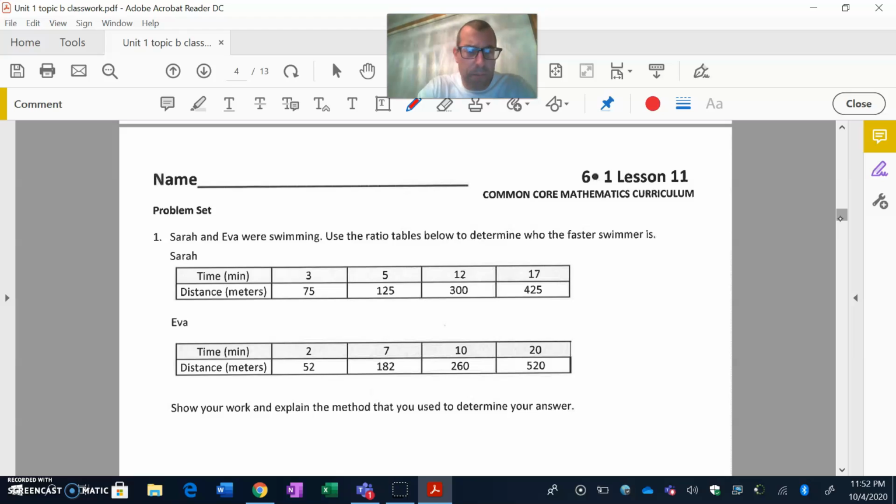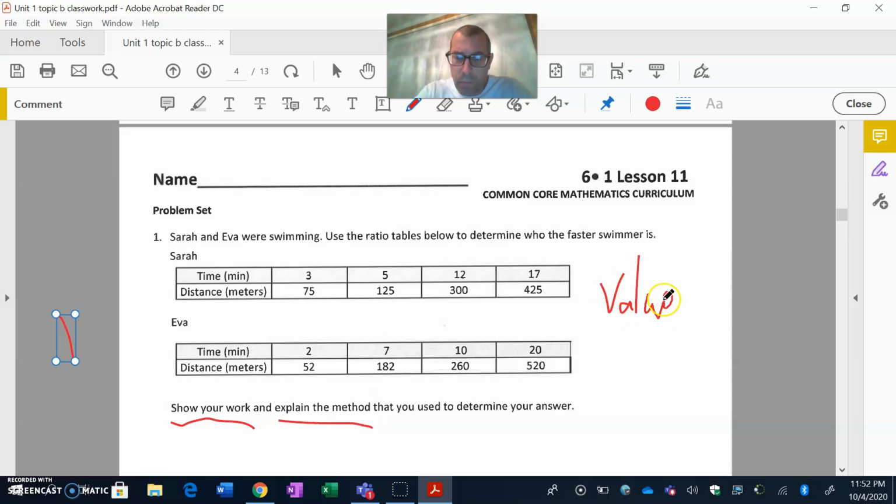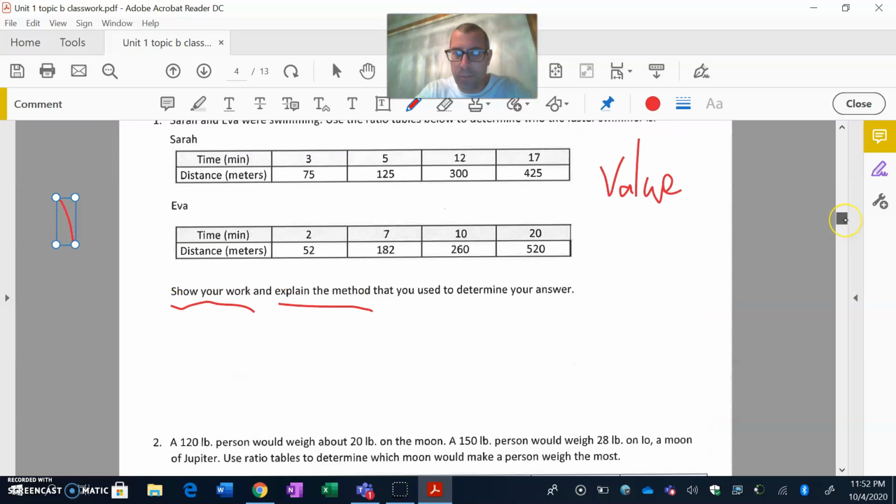So what we can do here is it says show your work and explain the method. Okay, well, using the value method here would get us to simplify, and that's certainly a technique that's going to end up working. So if I simplify 3 to 75, I can divide them both by 3.